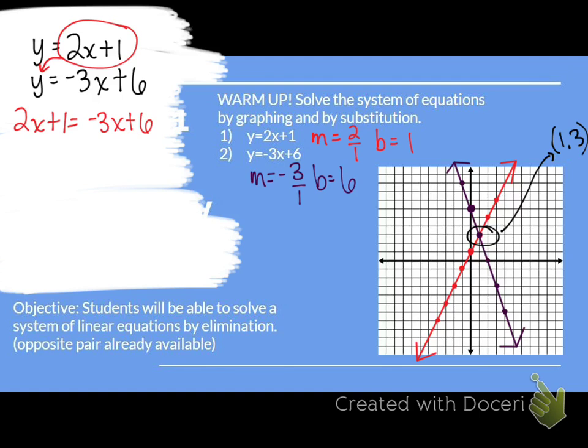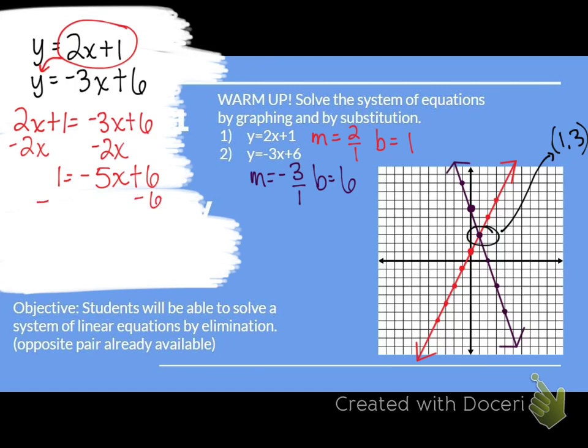Once we've substituted, then we need to get all the x's together. How could I do that? We could do it by subtracting 2x. That's one way. The other way would have been to add 3x. Now we're trying to get this x alone. What should I do?